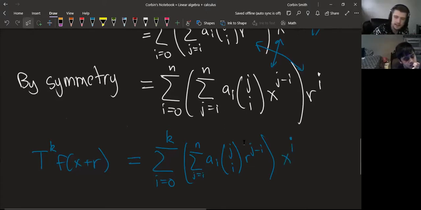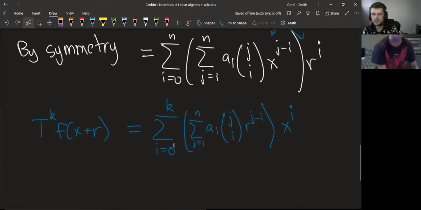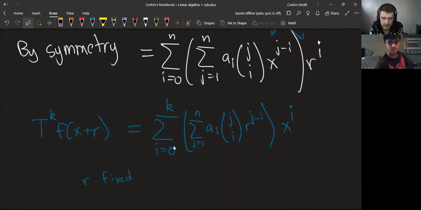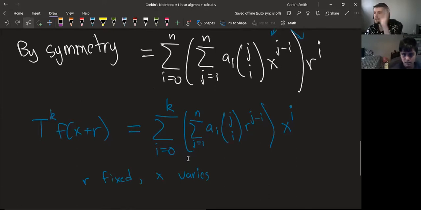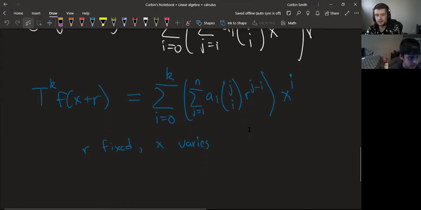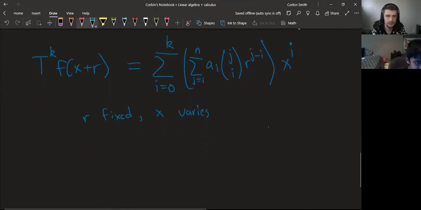This is for when r is fixed and x varies. But sometimes we're going to want x to be fixed and r to vary. Then you can just reverse everything.